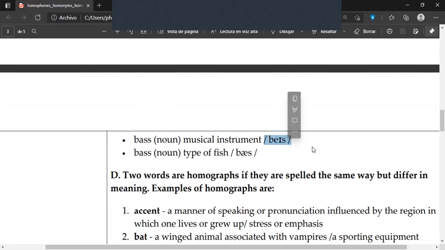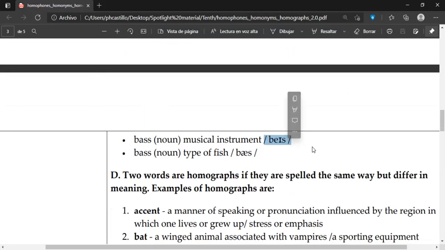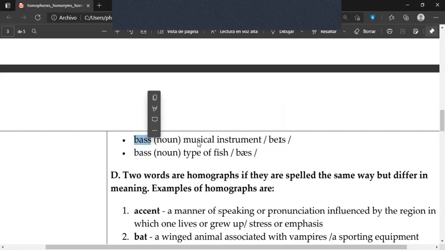It is an instrument like a guitar, but it only has 4 strings. Guitars actually have 6 or 7 strings. And the bass guitar has only 4, or some basses have 5 strings.